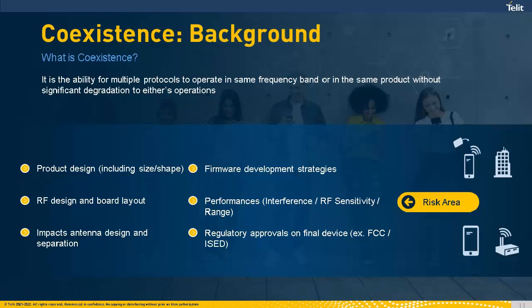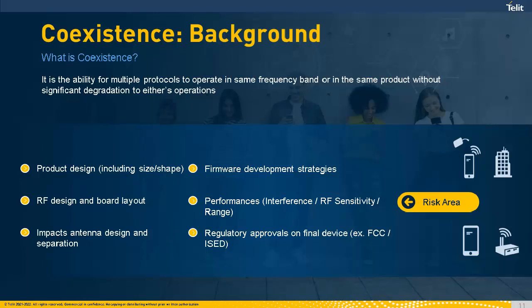When we talk about multiple wireless technologies, however, we have to talk about coexistence. In other words, the ability for multiple protocols to work together in the same product without significant degradation of either operation.